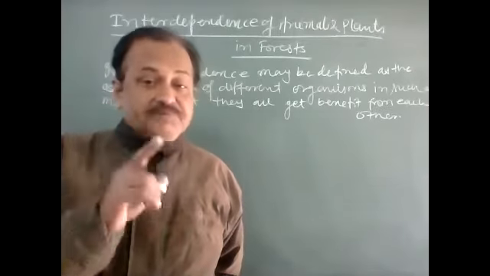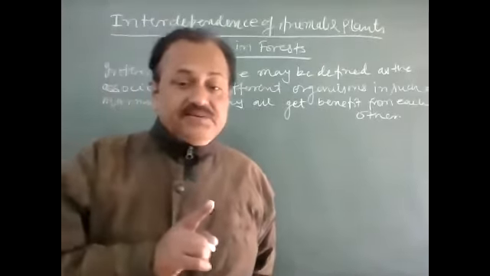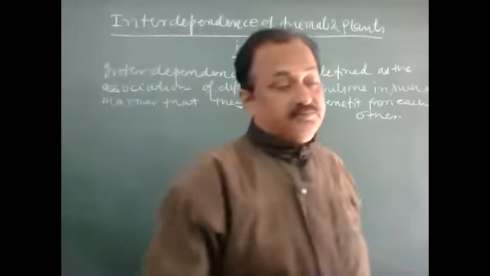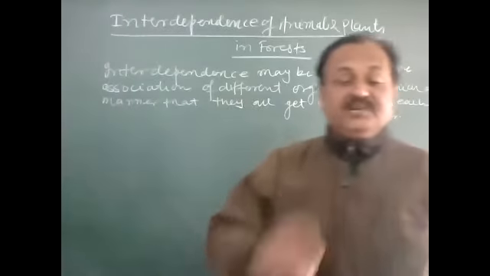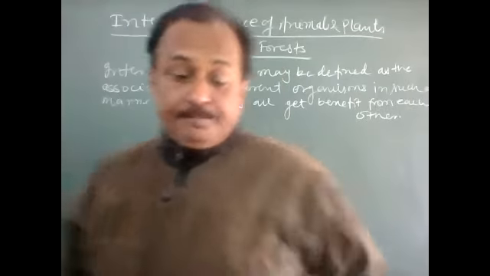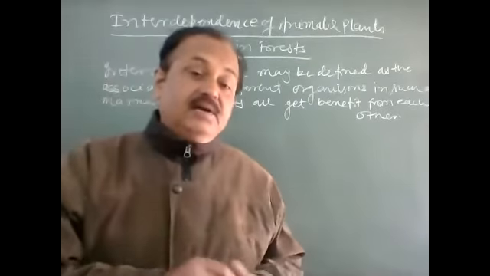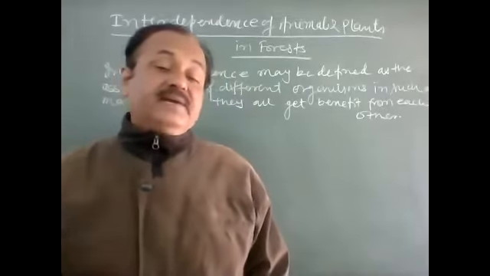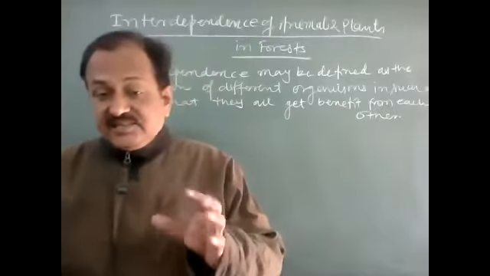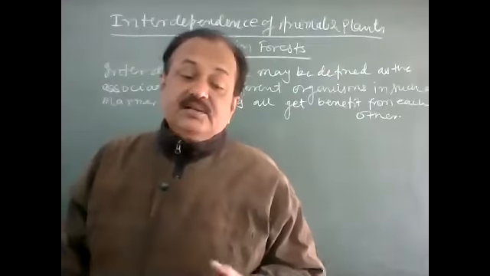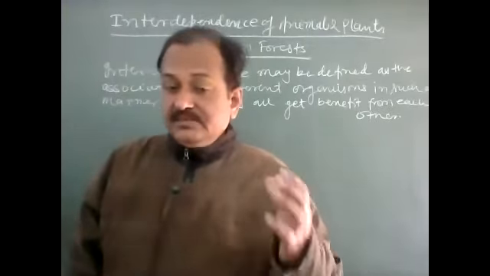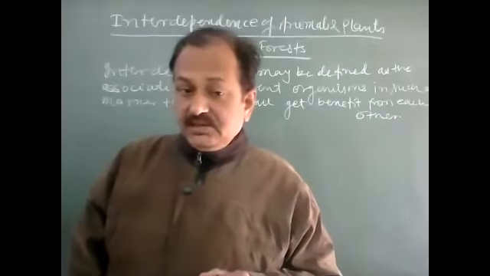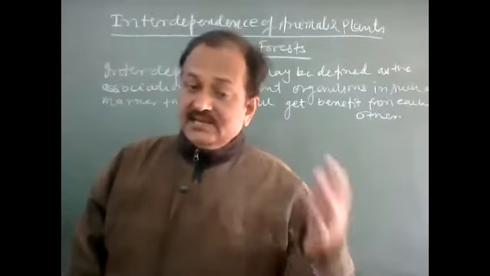Similarly, leaves of the trees fall down on the ground, or we intentionally keep the leaves in pits made in the earth and cover them, and naturally this is the process of making compost. So compost is basically a degraded substance from the animals as well as plants. So this was the basic description about the interdependence of the plants and animals in the forest.